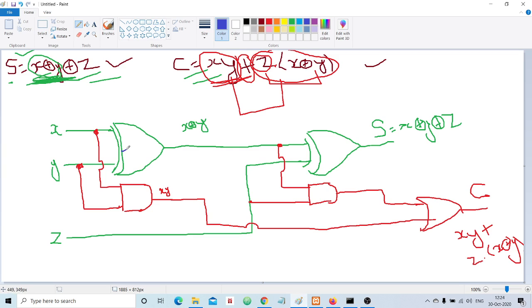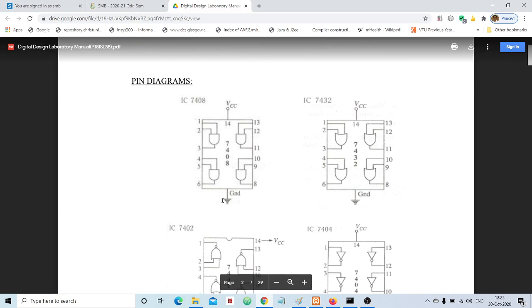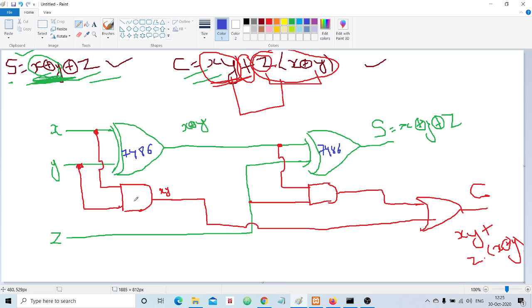So the IC number is 7486. So you need to use 7486, and even this is an XOR gate whose IC number is 7486. And what is this? A two-input AND gate, right? What is the IC number? For the AND gate it is 7408.